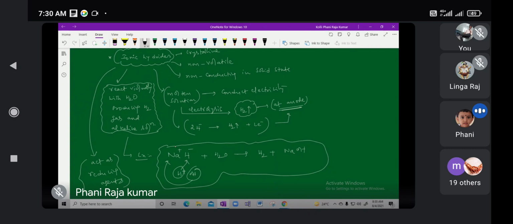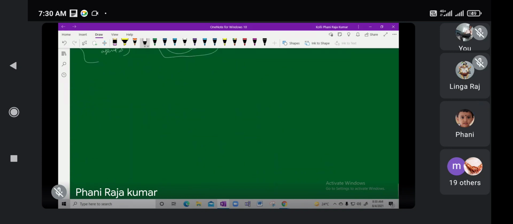Out of these ionic hydrides, lithium hydride has a very important property. One point I am writing related to lithium hydride: it is used in the synthesis of other useful hydrides.